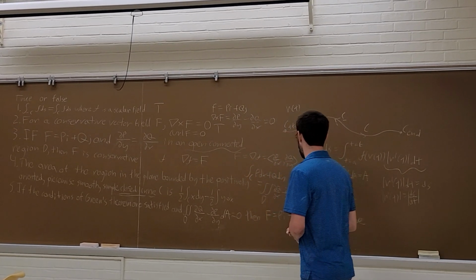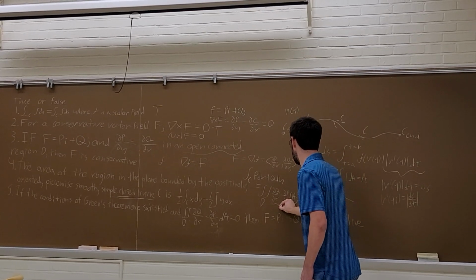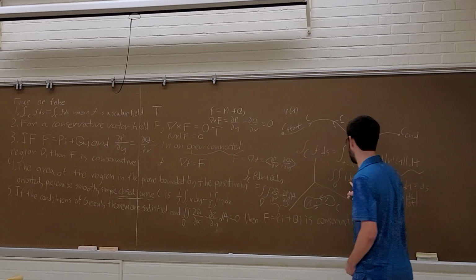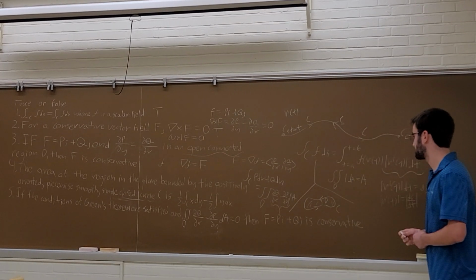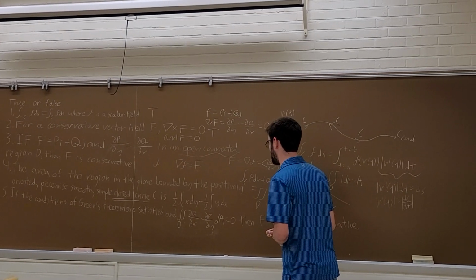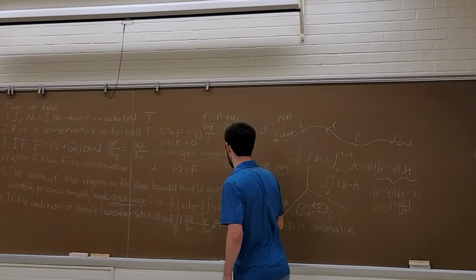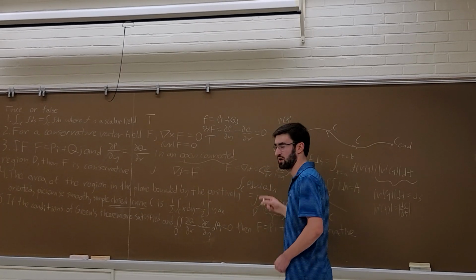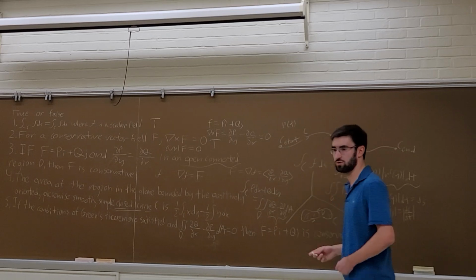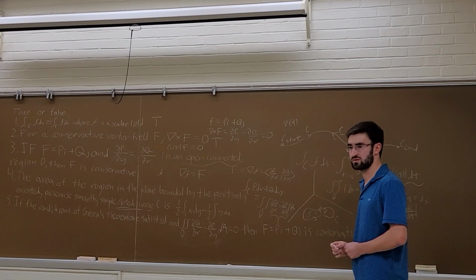So we would have to have this inside part equal to 1 if we are going to be getting the area. What we're going to do is take a look at here and compare the two of these and figure out what P and Q are. Then we'll calculate this difference here. And if we get 1, then it's true. And if we don't get 1, then it's false.